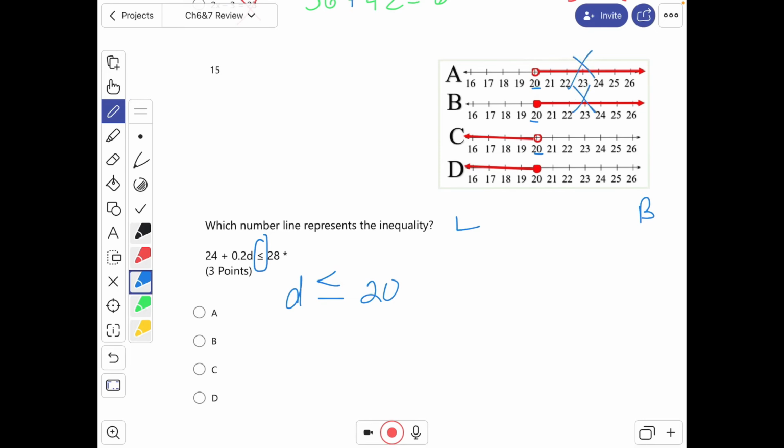So the lines that are pointing to the big side can't be it. Also, this symbol is less than or equal to, and that gets a solid dot. If it can be equal to it, it has to get a solid dot. So it can't be this one either, which means my answer is D.